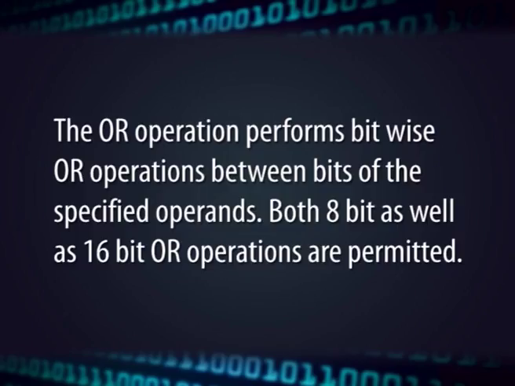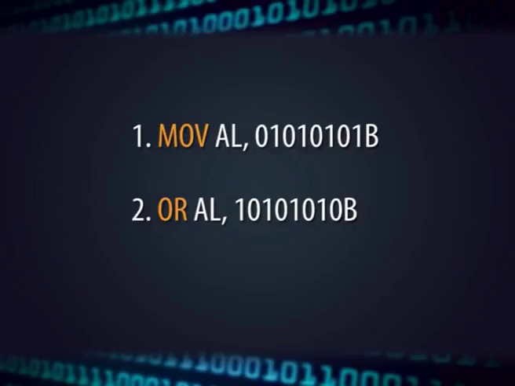Similarly, the OR operation performs a bitwise OR operation between bits of the specified operands. Both 8-bit as well as 16-bit OR operations are permitted. Assume the following instruction sequence: mov AL, 01010101 binary, followed by the second instruction, OR AL, 10101010 binary.